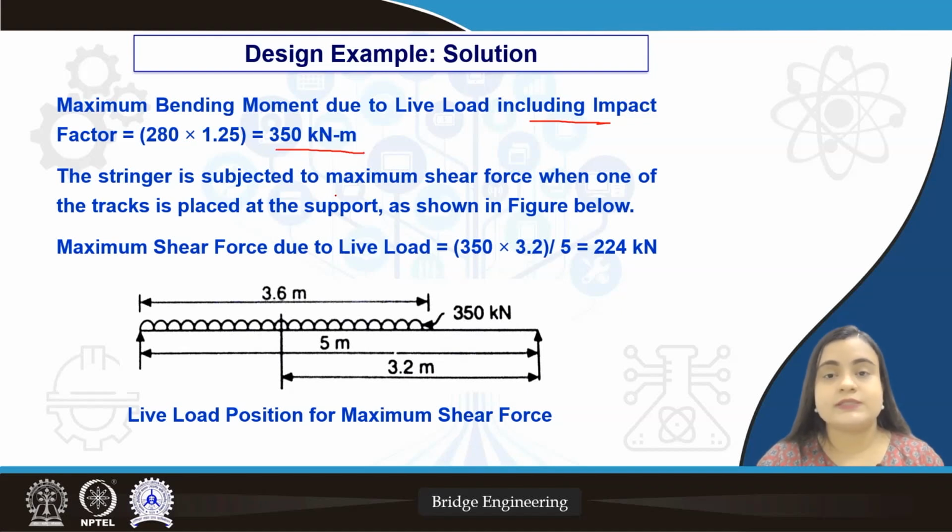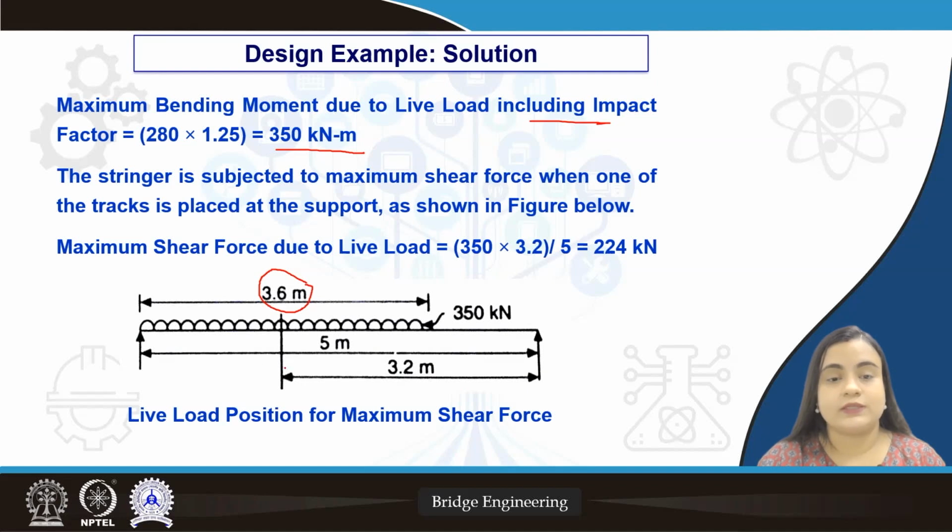The stringer is subjected to maximum shear force when one of the trucks is placed at the support. Now, the wheel has an imprint dimension of 3.6 meter. So it means that the CG of the wheel is placed at 3.6 by 2, that is 1.8 meter from the edge.